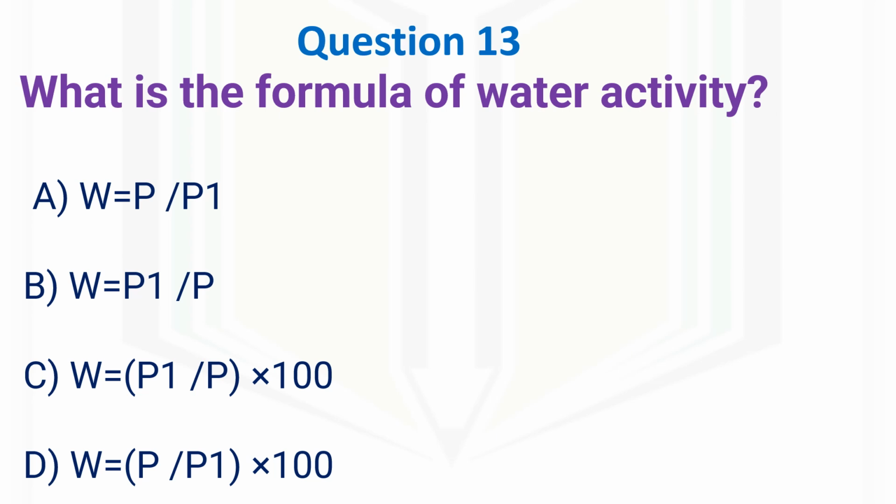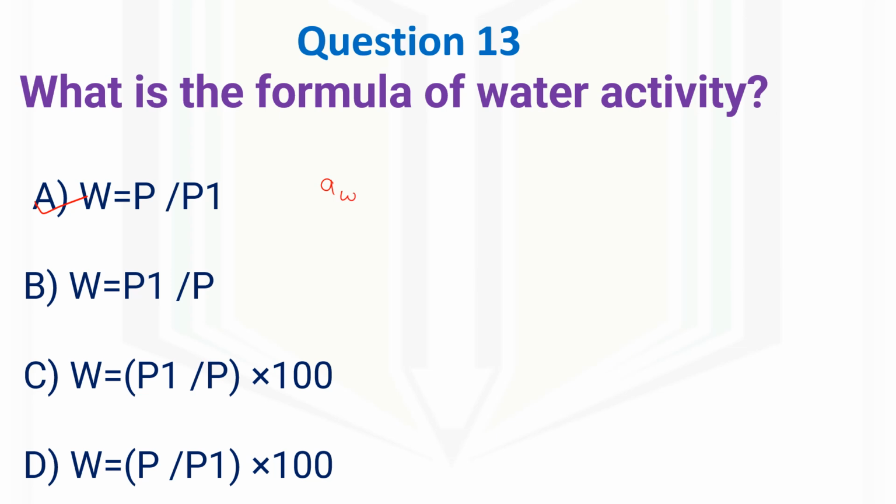Question number 13. What is the formula for water activity? Options are W is equal to P by P1, W is equal to P1 by P, W is equal to P1 by P into 100, W is equal to P by P1 into 100. So correct option is option number A, W is equal to P upon P1.